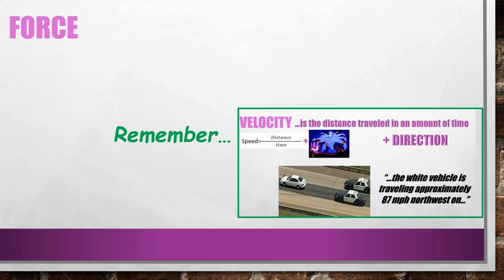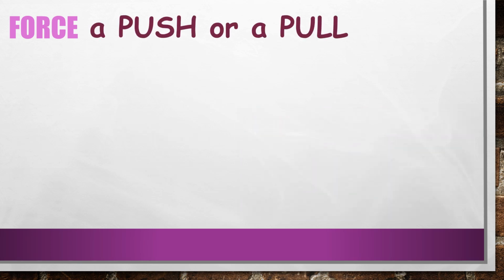So keep that in mind that we had a direction indicating which way it was going to go, right? So we gave the example of the police chase going 87 miles per hour in a northwest direction. So when I know that on velocity, then when it comes to force, I should be able to connect to the idea that I need two pieces of information.